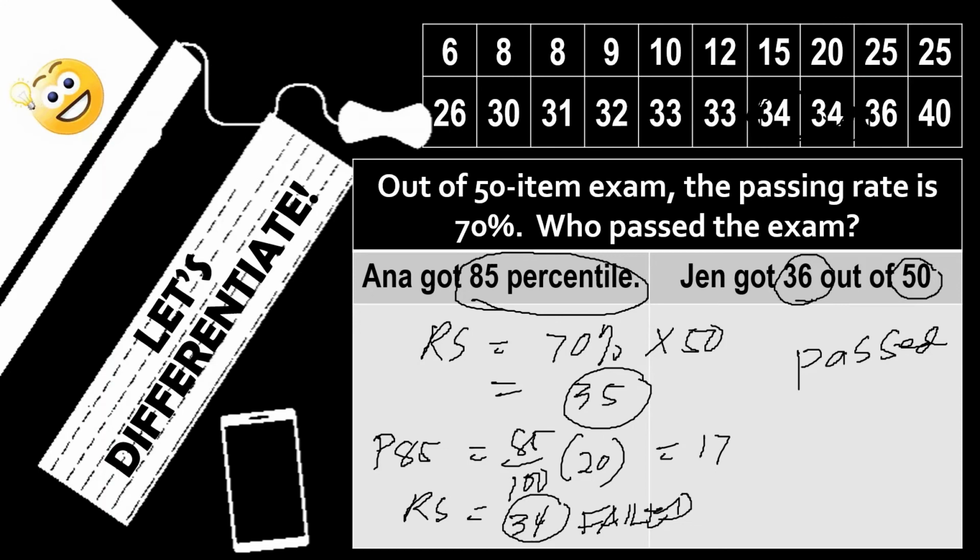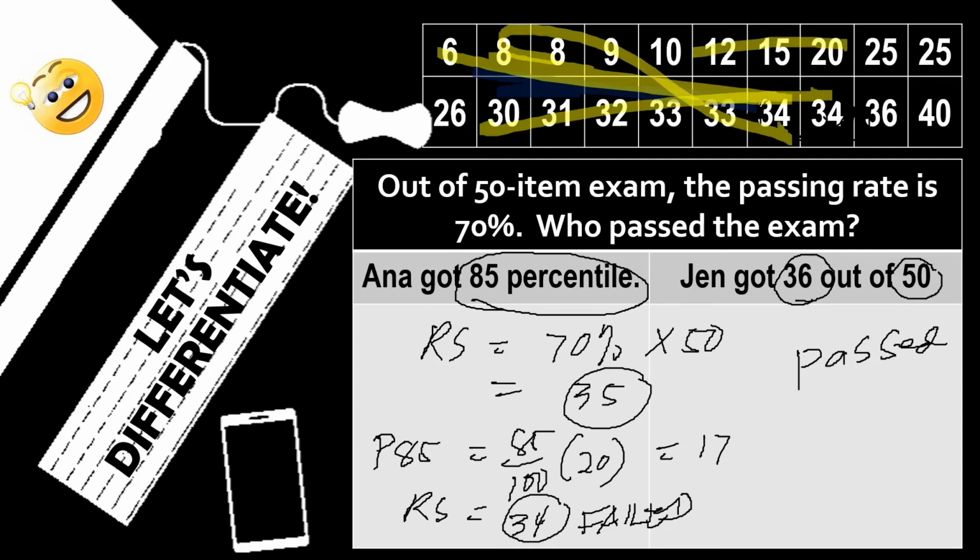Now, let us analyze this, assuming that we do not know the scores. We cannot see all these scores, so we do not know the scores. And let's say we are only given the statement, out of a 50 item exam, the passing rate is 70%, will pass the exam.